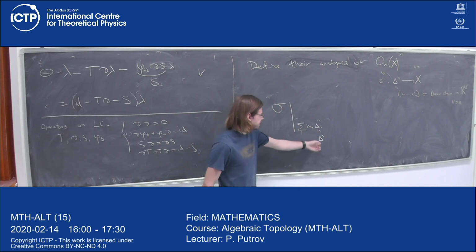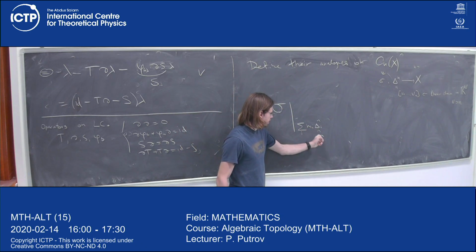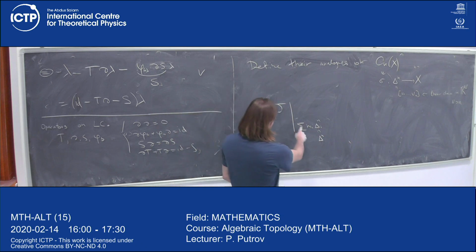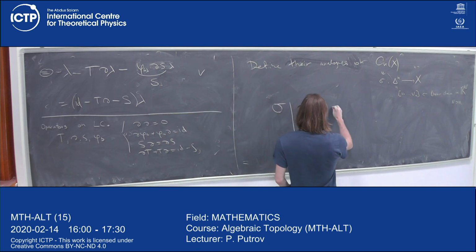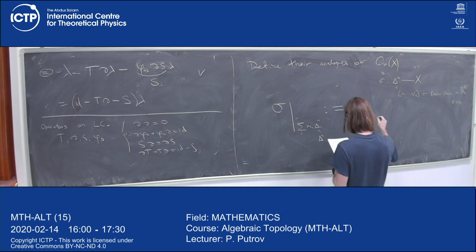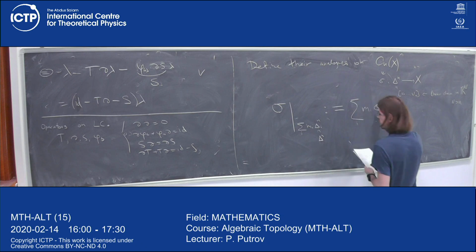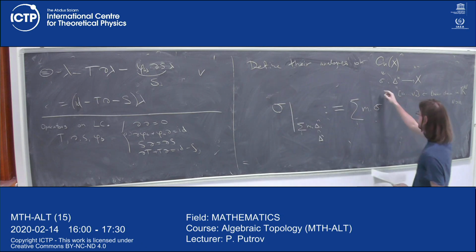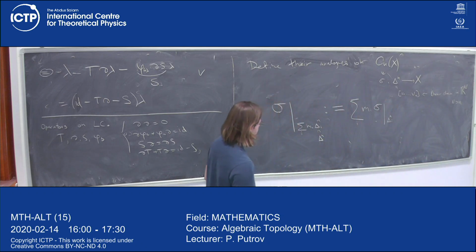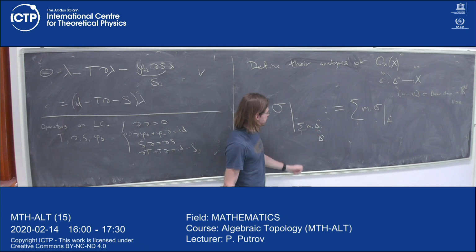They're not necessarily faces, just some sub-simplices in delta n. By definition, this notation means I take the sum of this sigma which we had before, restricted to these simplices.